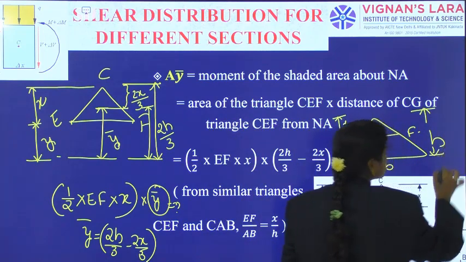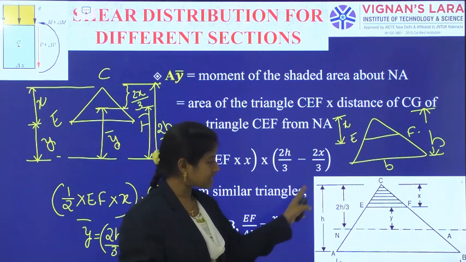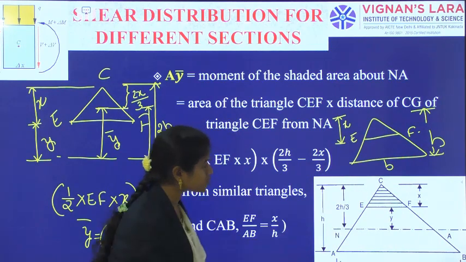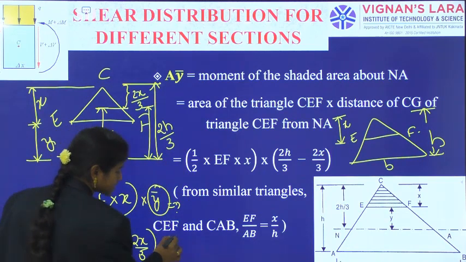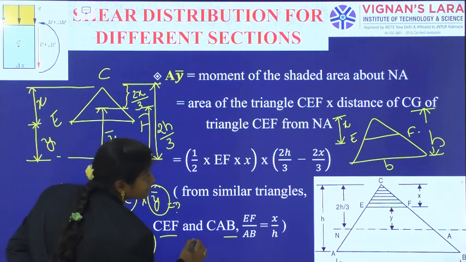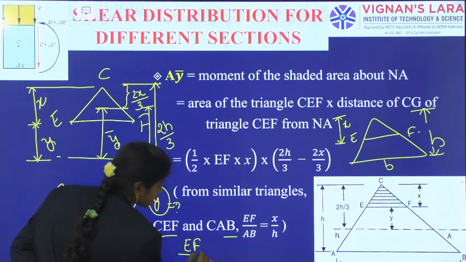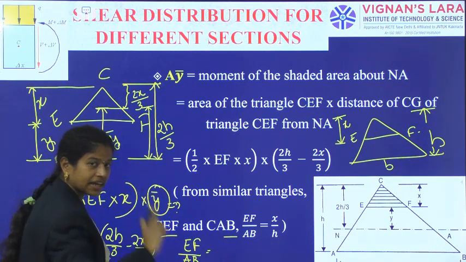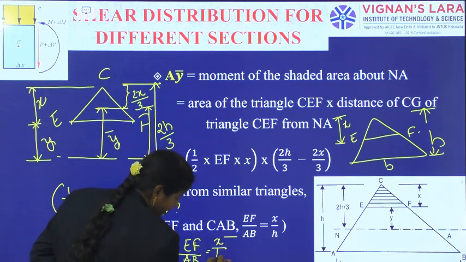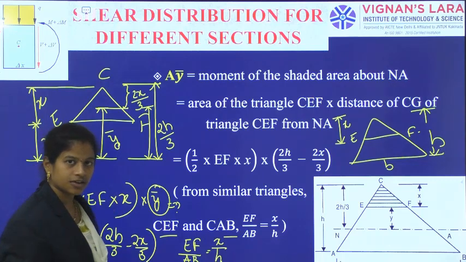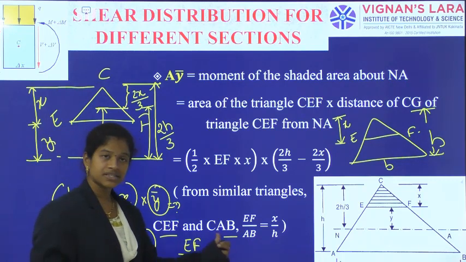From the similar triangles CEF and CAB, this is the bigger triangle and this is the smaller triangle. Using these two, the measurement is base EF by AB, base by base, height by height, X by H. Base by base, height by height, or base by height is equal to base by height, like that also we can write. So EF by AB is equal to X by H.